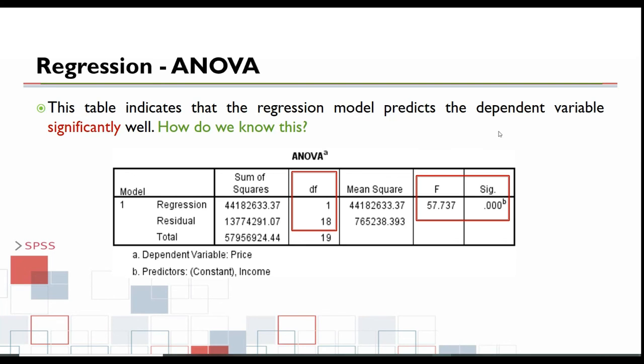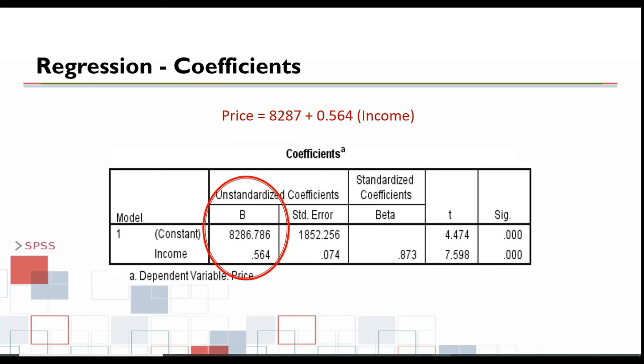Here our p-value is 0.00, which is less than 0.05, indicating that overall the regression model statistically significantly predicts the outcome variable, and it is a good fit for our data as well. Our F value is 57.737. So this is how we can interpret the ANOVA table. The last table is coefficients, and based on this coefficients table, we can develop our linear regression equation.